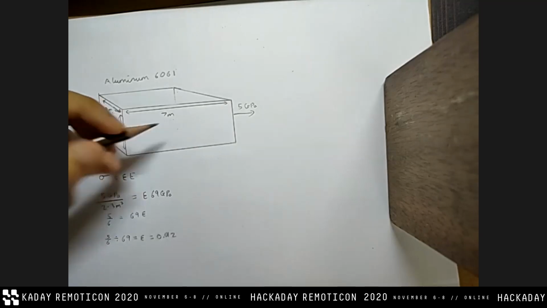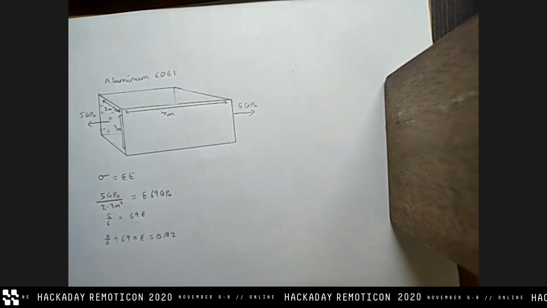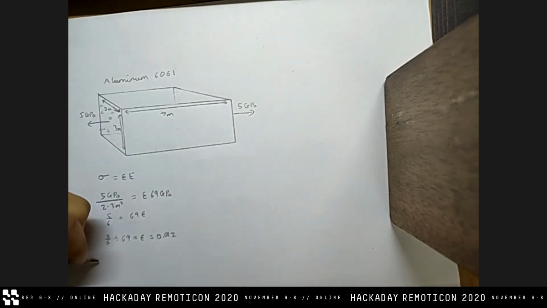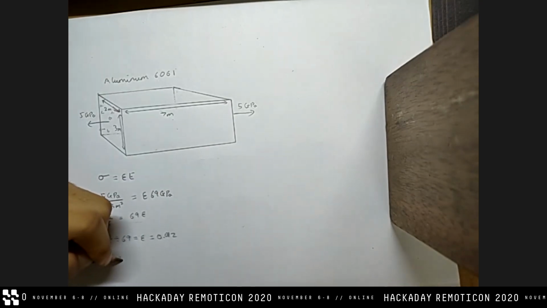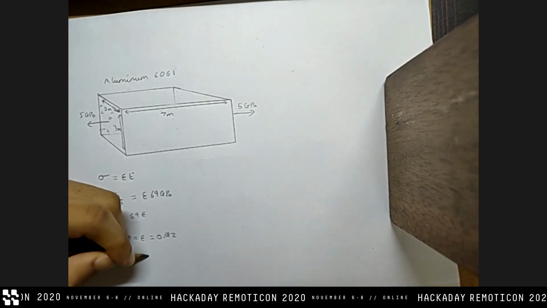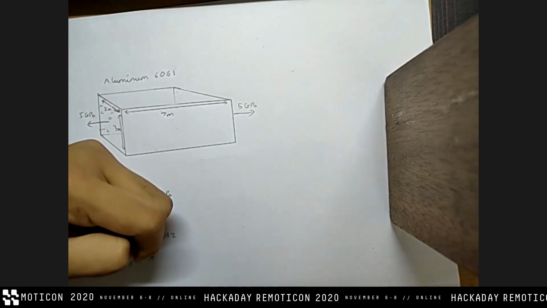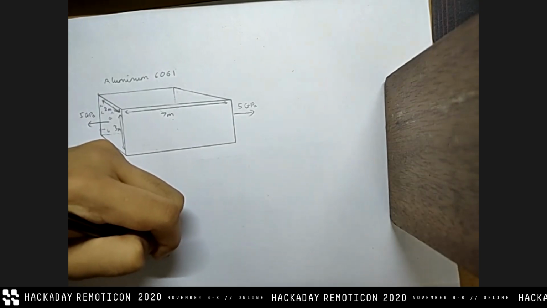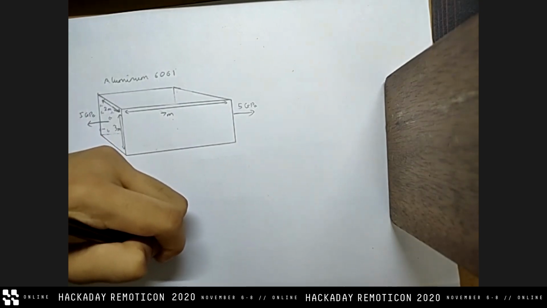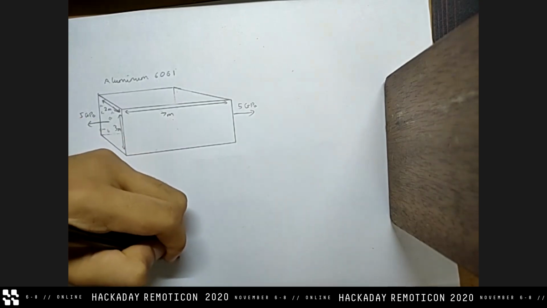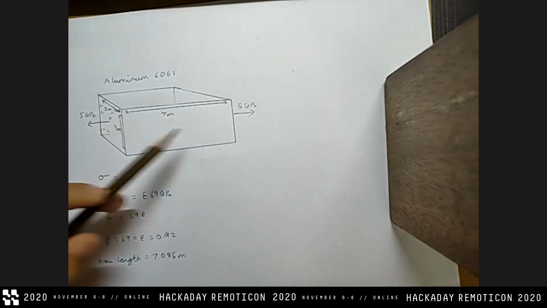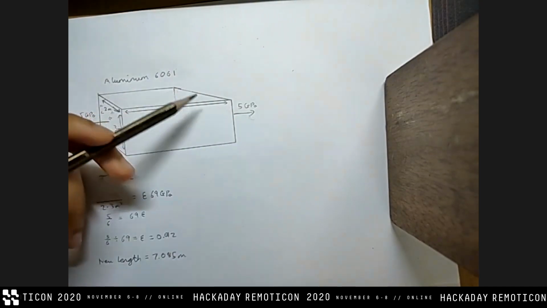That means that if I want the deformation, I would just multiply that by 7. So the new length is 7.085 meters. So you can see that even though I had such a large force, the change in length wasn't really much.